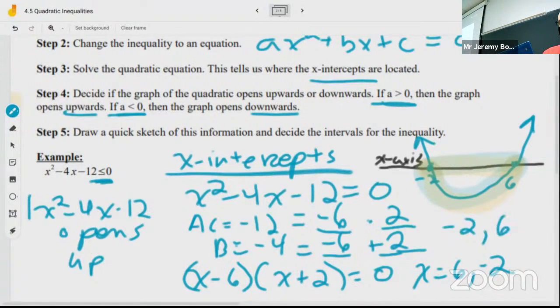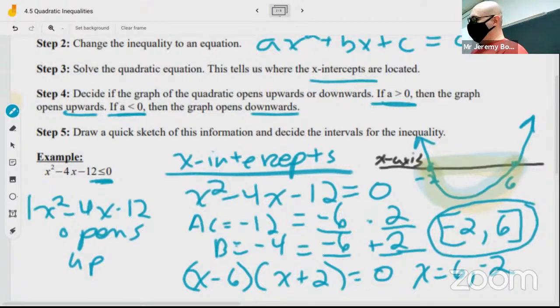But since we want to know where it's equal as well, include those in here. And that's going to be our solution. So if you pick any number between -2 and 6, including -2 or 6, x squared minus 4x minus 12 is going to be less than or equal to 0. Any questions on that? No, we're good.